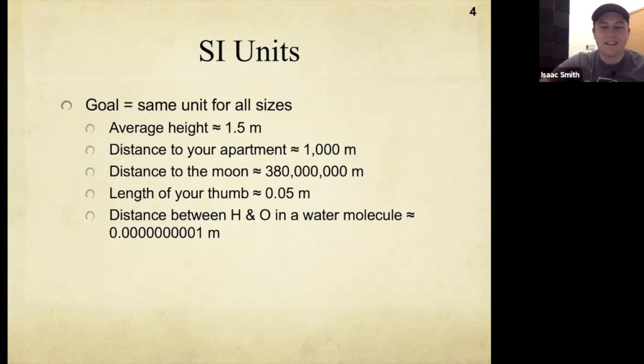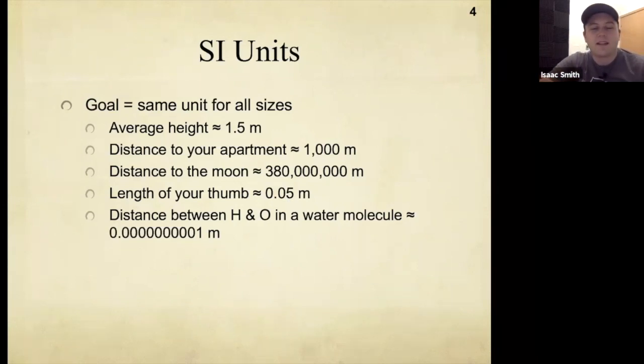Basically, the problem that you run into is that these can get really hard to read and hard to interpret. Even if you know what a meter is in your head, about 3 feet, you can kind of estimate that. If I said 0.05 meters, it's going to be really hard to estimate that distance, unless I told you 0.05 was the length of your thumb, then you could just look at that.